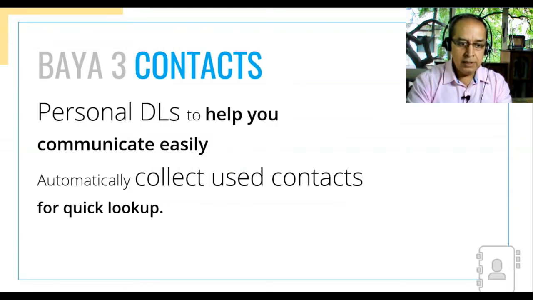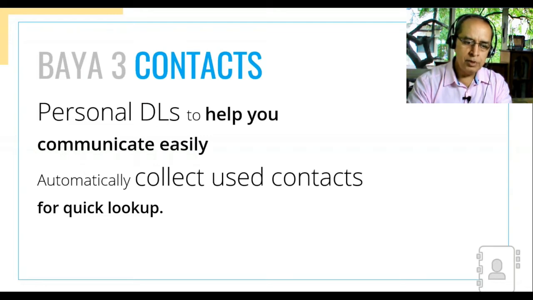Contacts, another first time here is personal DLs, which means I can make my groups. For example, I can make a group of marketing people, sales people, or my 3 top vendors whom I always interact with in a similar communication. So my groups help me build distribution lists of my own contacts, and these are personal to me, nobody else can see them.